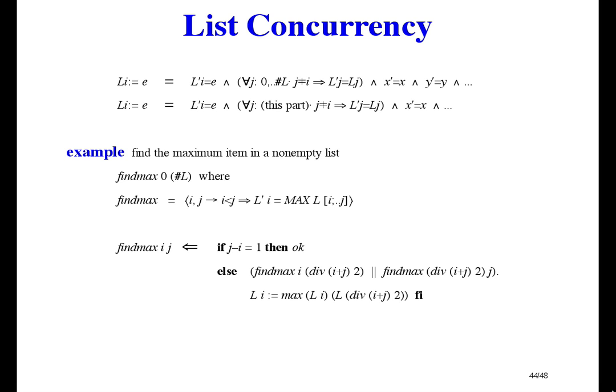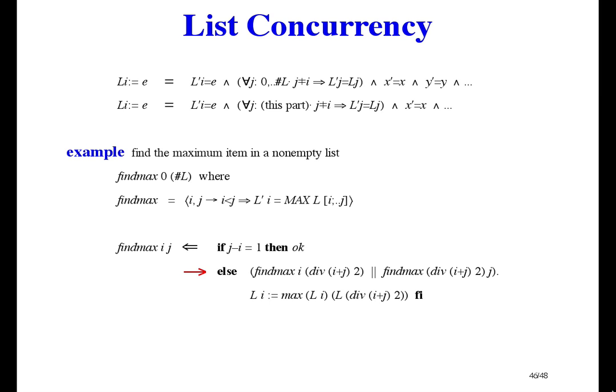And here's the refinement. If j minus i equals 1, then it's a segment of size 1, so the maximum is the one and only item, and it's already at the left end of the segment, so there's nothing to do. Else. Else means it's not one item, and we know it's non-empty, so it's 2 or more items.